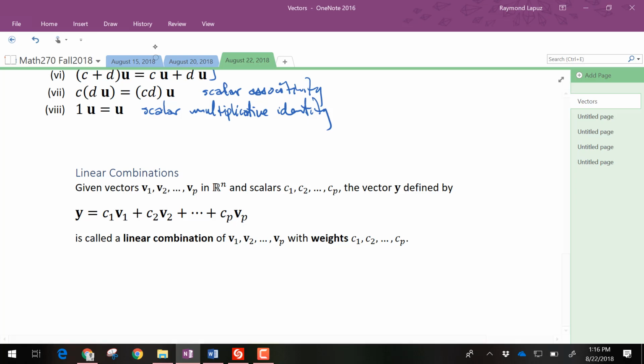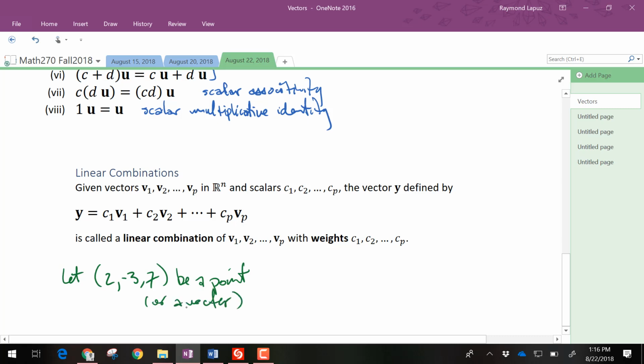So now we can take a look at a point in 3 dimensions. Let 2, -3, 7 be a point or a vector in 3 dimensions.